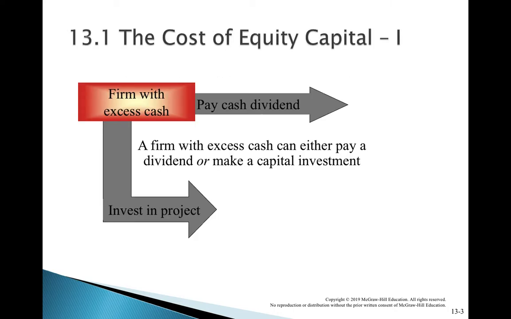So why do we accept positive NPV projects? The answer is, if a company has excess cash, it can either pay the dividend or it can invest in a future project. If it pays dividend, the dividend again comes back to the financial market, because the shareholder reinvests it.